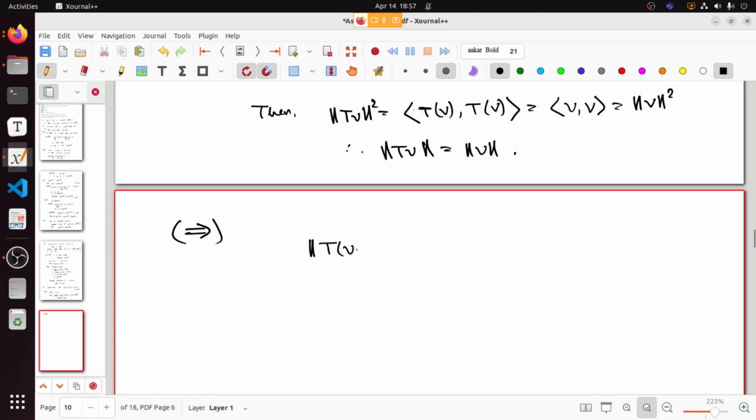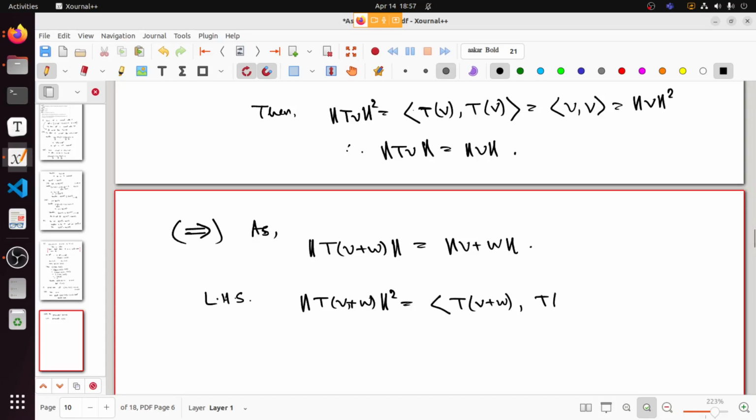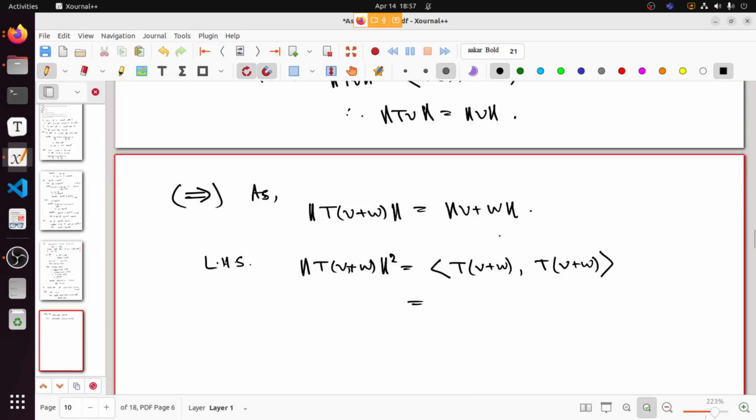Now T of V plus W. So this will be norm V plus W, right, as this is given. So the left hand side, what is the left hand side? Norm, so square it. This is the inner product of T of V plus W with T of V plus W, right?